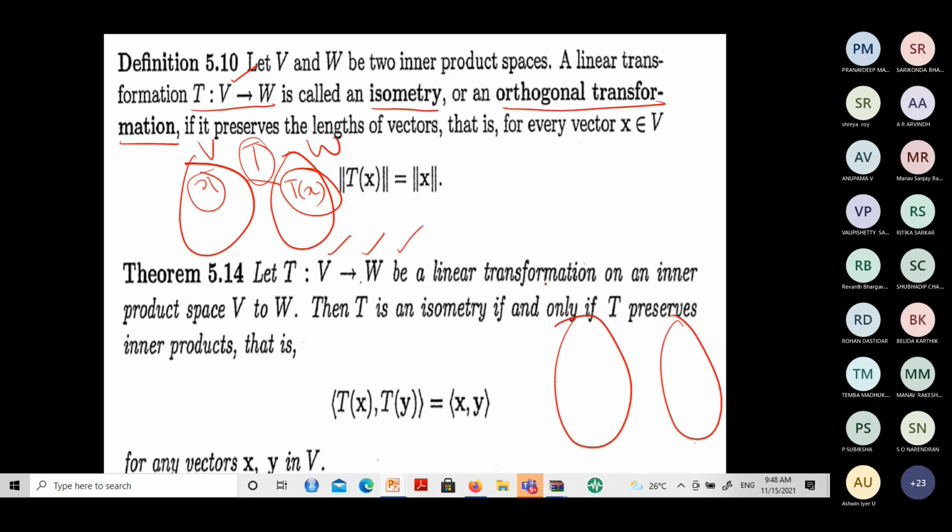Suppose X and Y are two vectors in V, and the inner product between them is inner product of X comma Y. The corresponding vectors are T of X and T of Y, and the inner product between them is T of X comma T of Y.